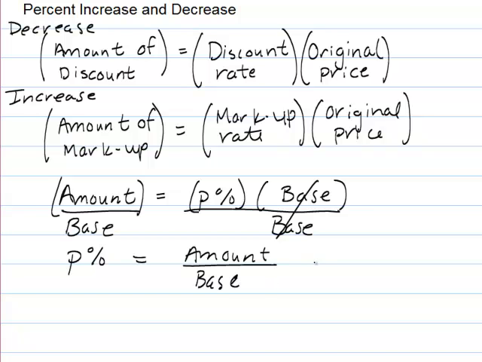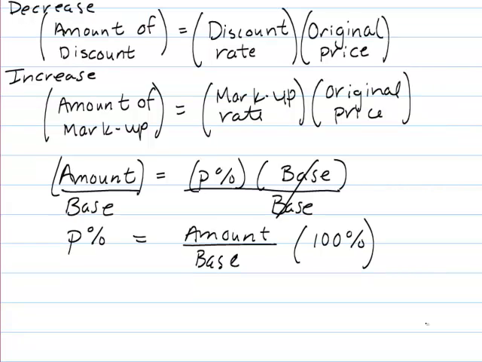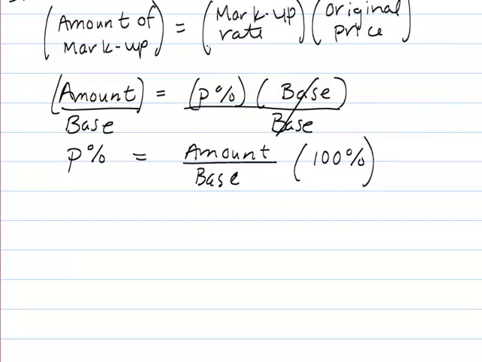And if these are two numbers, then we know to get the percent rate we have to multiply by 100%. In the same way, we can look at the amount of discount and the amount of markup formulas, write them as percents, and come up with the percent increase and a percent decrease. It's a very similar concept to what we have already seen.